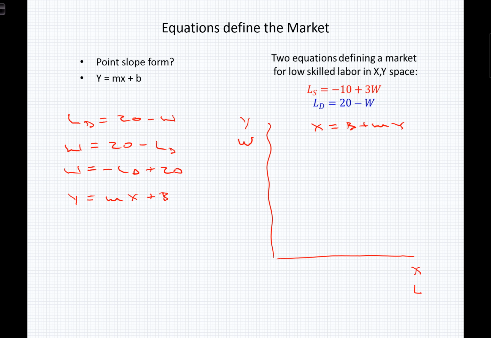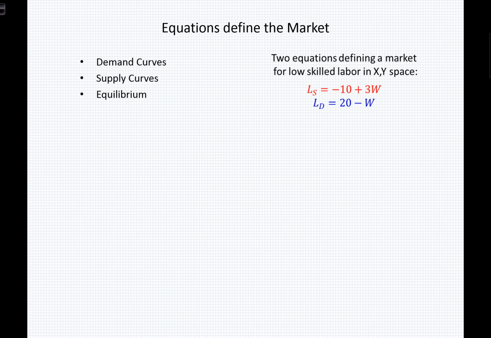So let's now take a little closer look at what we're really seeing here with these demand curves and supply curves, as they help us define the market model in this case. What we'd like to do is use these two equations to help plot our demand curve, supply curve, and then think about our equilibrium.